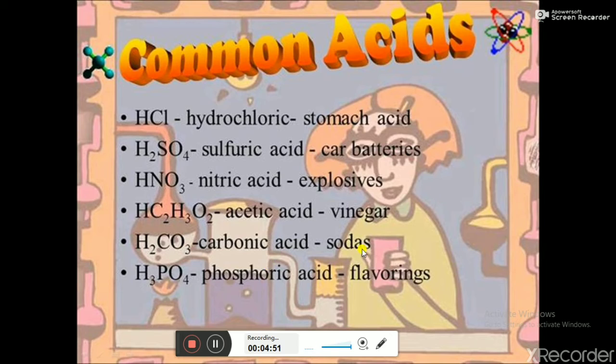Now the sodas like Coke, Limca, Sprite, all these sodas contain carbonic acid in them. And phosphoric acid is usually used as a flavoring agent. So these are certain acids which we use in our daily life.